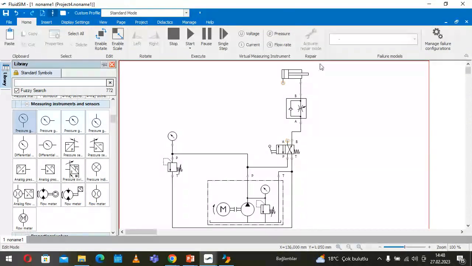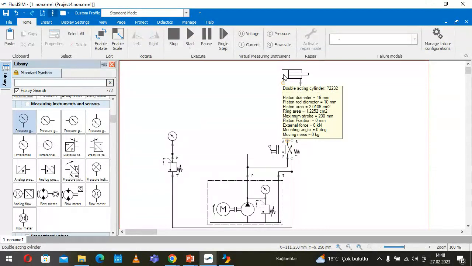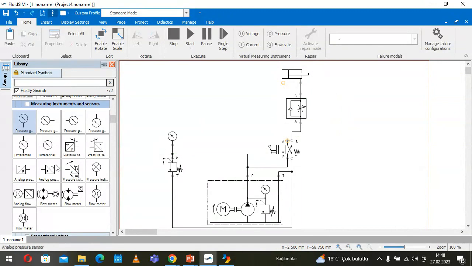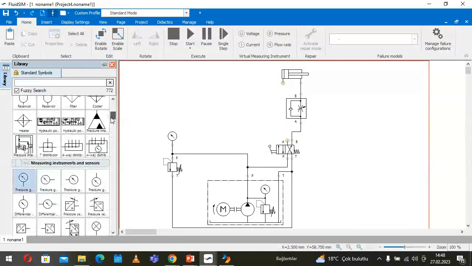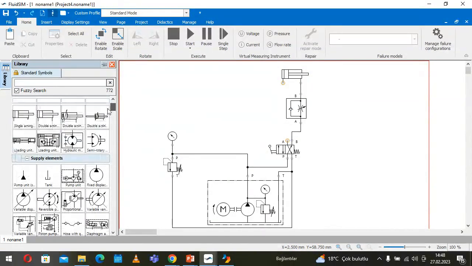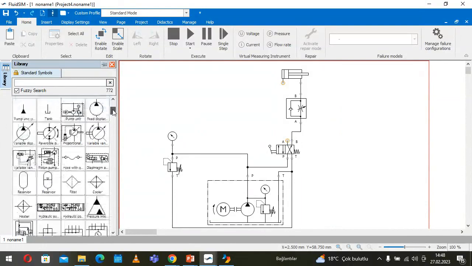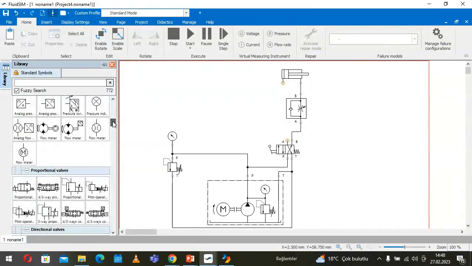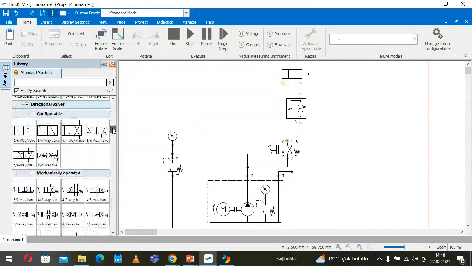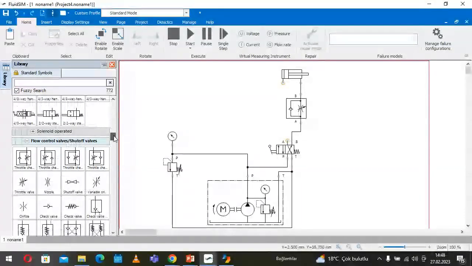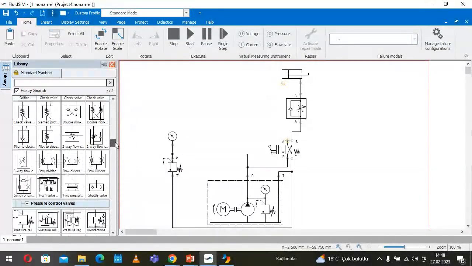So let's find it, because if we can regulate the pressure on this side of the piston, that means we regulate the force acting on the piston. And then let's have the pressure relief valve. Where is the pressure regulator, the pressure control valve?